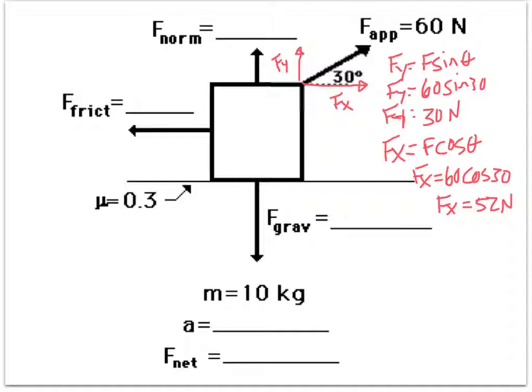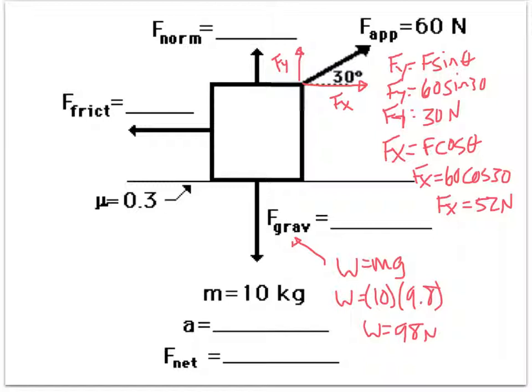I've broken it up. I don't need to use that 60 newtons anymore. What are some other things that I can solve for? I have mass. I could find weight. So W equals mg. So my weight equals my mass, 10 times 9.8, which means my weight equals 98 newtons. So I'll put that right here, 98 newtons. I also have my x component now.